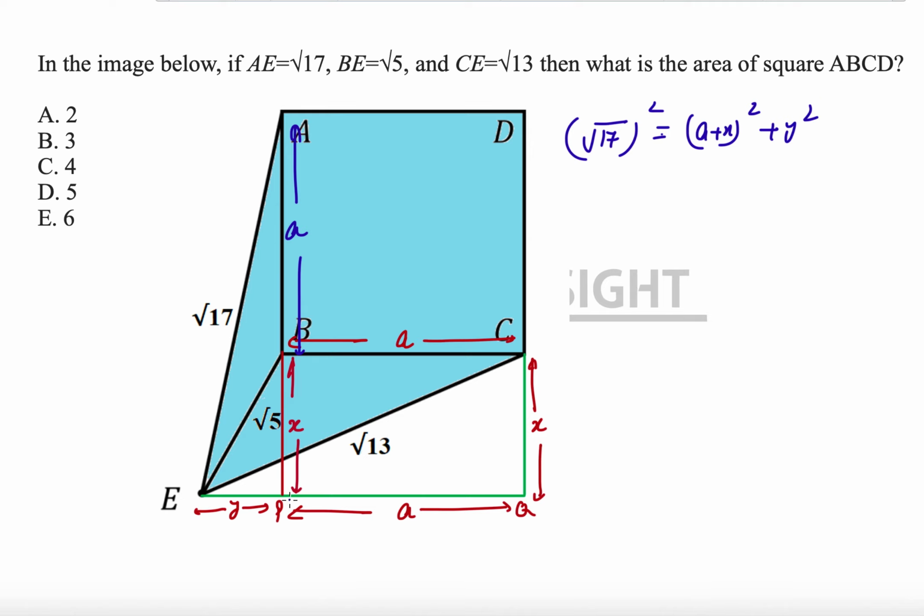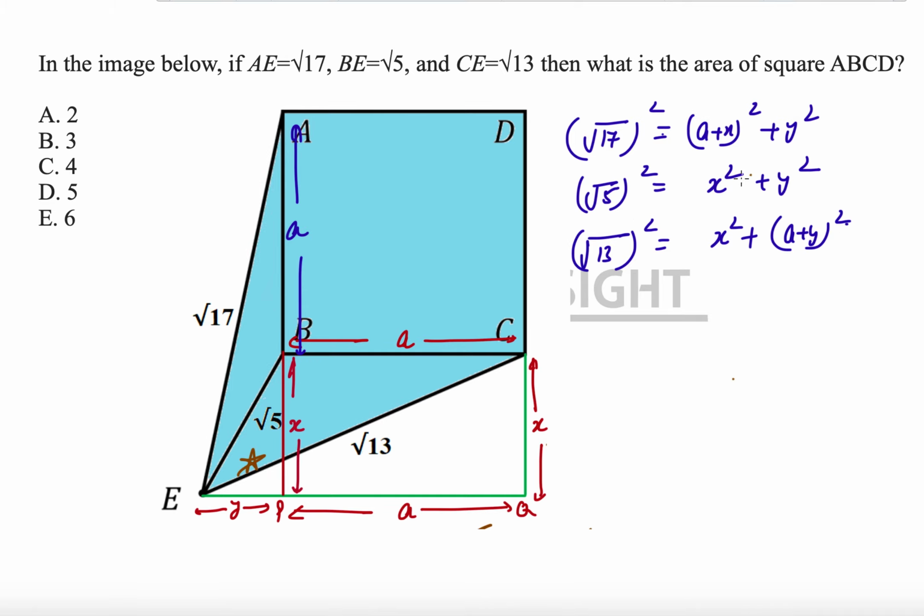A plus X is this perpendicular. Similarly, root 5 square will be equal to X square plus Y square. And root 13 square will be equal to X square plus A plus Y whole square.